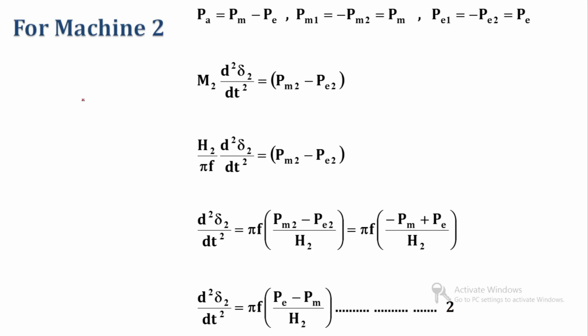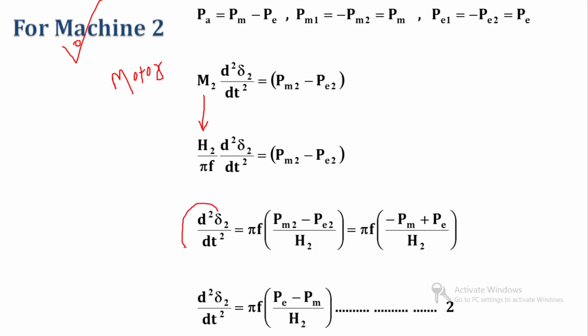Now in the same way we have to write for machine 2. So m2 d square delta 2 by dt square is equal to PM2 minus PE2. Consider machine 2 is a motor. So I will replace m2 by H2 upon pi f: d square delta 2 by dt square is equal to PM2 minus PE2.